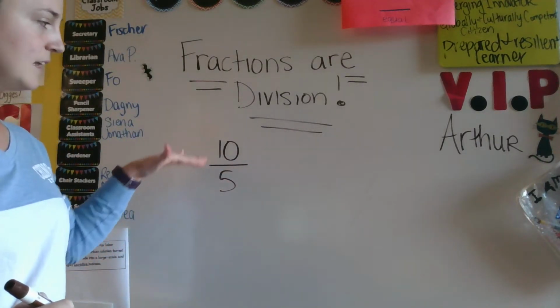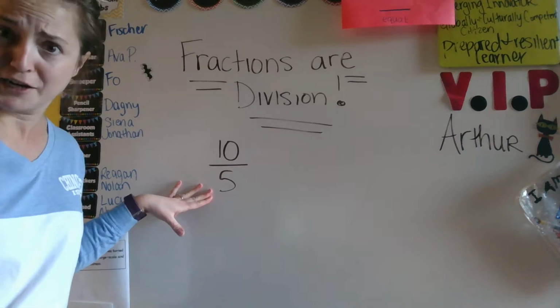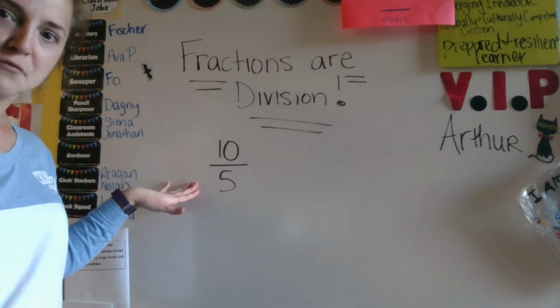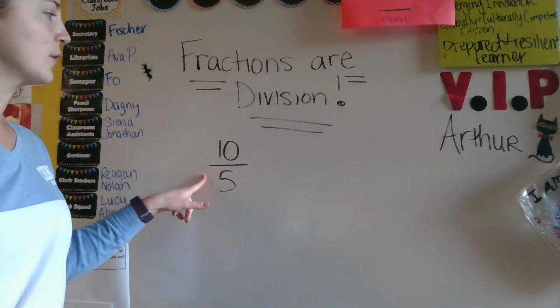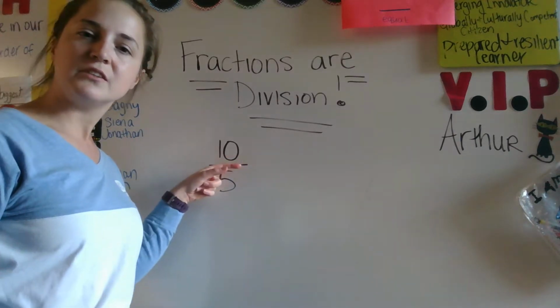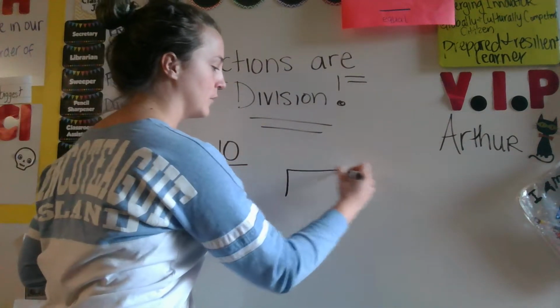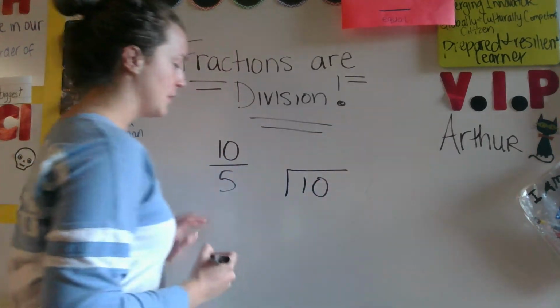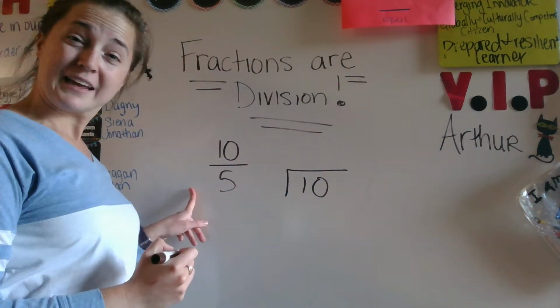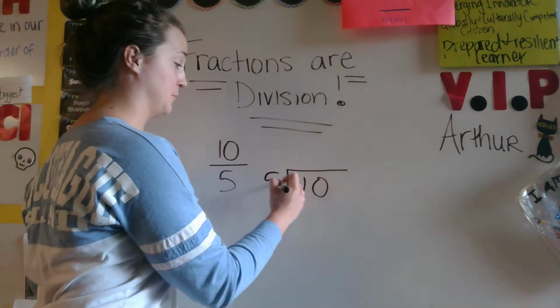All right, so 10/5 is how you would read that fraction. 10 over 5. But when we think about this line right here as just the division symbol, that 10 falls through, and 5 scurries out to get out of the way of the 10 falling through.